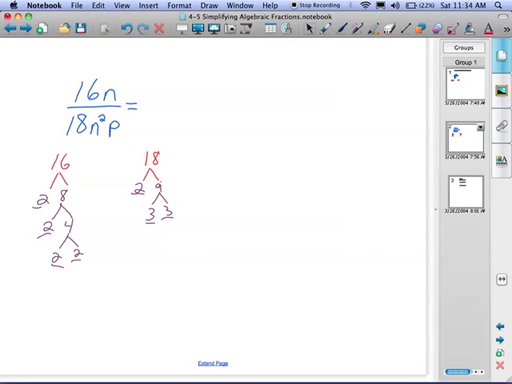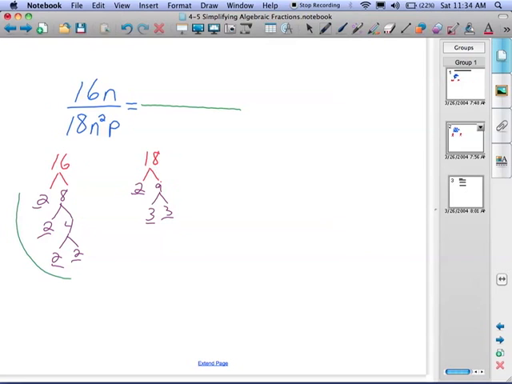Let's go ahead and rewrite 16n. Let's look back at the original problem, 16n over 18n squared p. We're going to rewrite the 16n as the product of its primes.